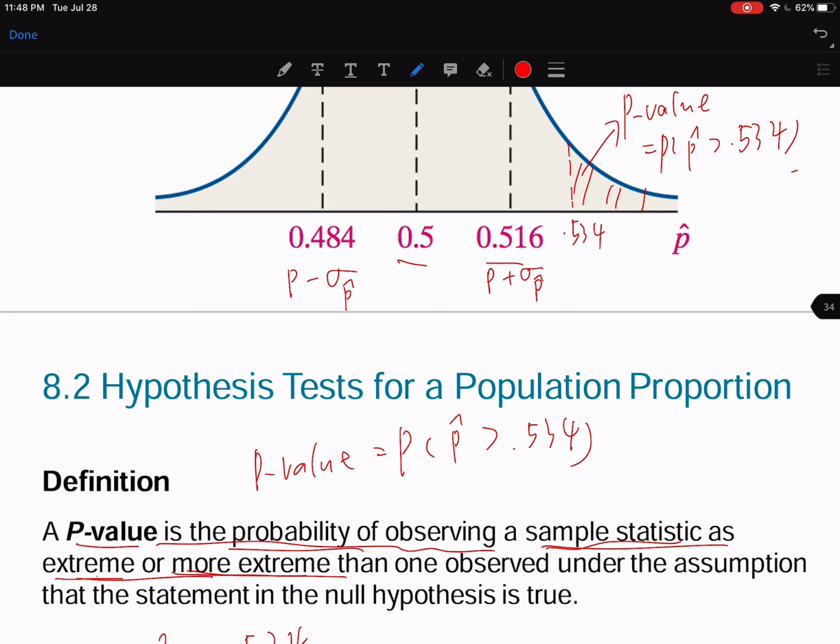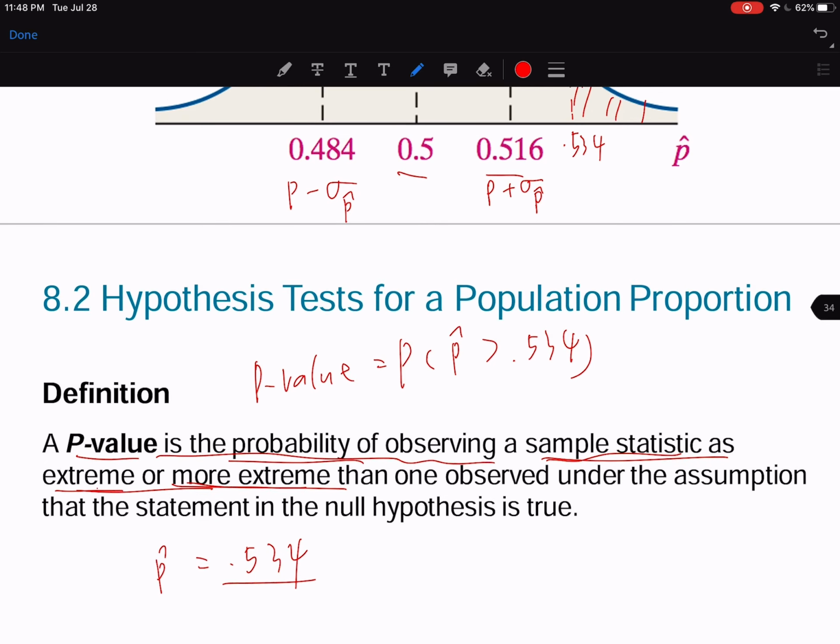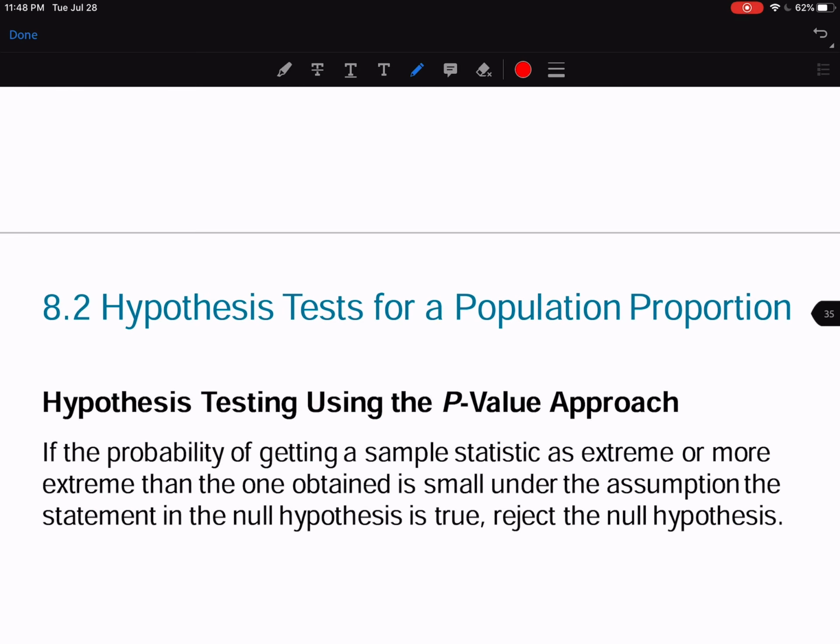Once we know the definition, let's see how it works. If the probability of getting a sample statistic as extreme or more extreme than the one obtained is small under the assumption that the statement in the null hypothesis is true, reject the null hypothesis.